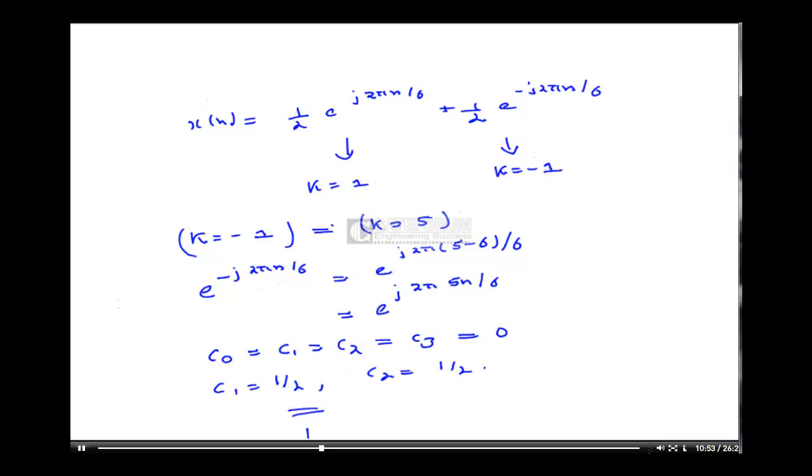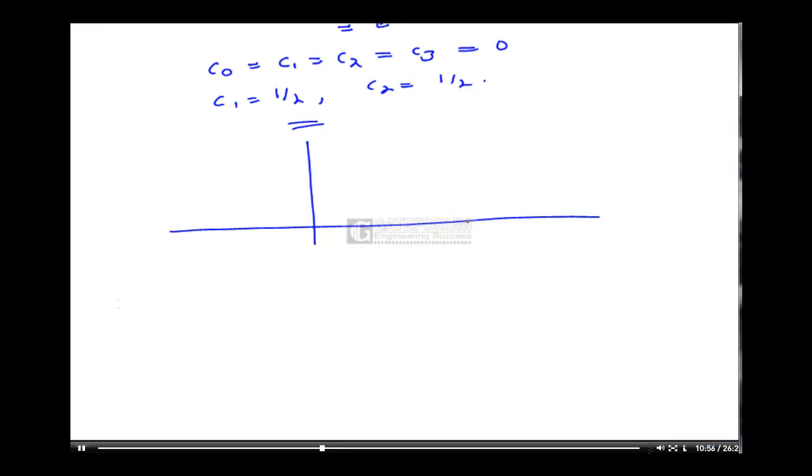Now if I plot this on frequency domain, I can write 0, 1, 2, 3, 4, 5. At 1 I have 1 by 2, at 5 I have 1 by 2, and everywhere else it is 0. And this pattern repeats.